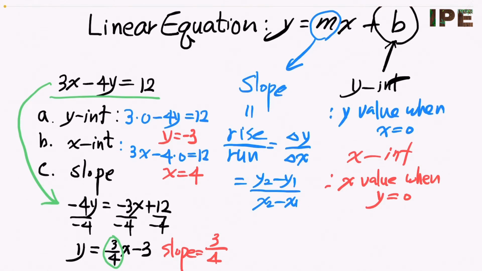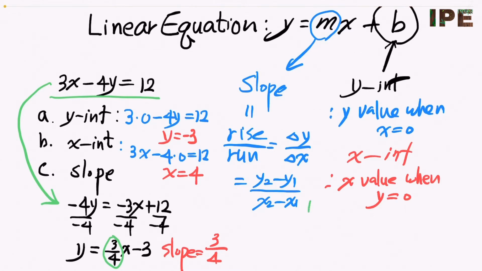Let me explain this x-intercept, y-intercept and slope with the graph now, okay? I'll try to draw the graph now. The graph looks like this. Y-axis and x-axis. I'll erase it because I need the y-intercept to be negative 3.